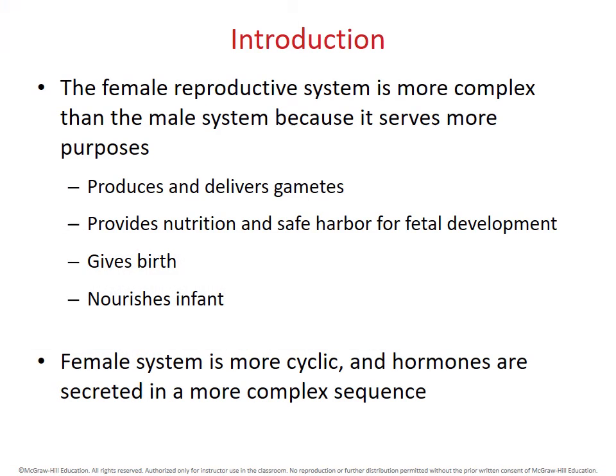Now recall from our discussion last week that the female reproductive system is more complex than the male system because it has to carry out more functions. Not only does it have to produce the gametes, which of course the male reproductive system has to do as well, but it also has to provide the bulk of the nutrition to the zygote, because the male sperm cell only provides the nuclear material, recall.